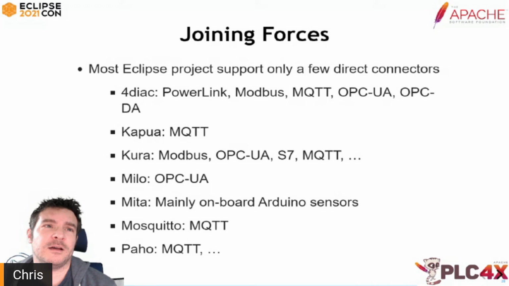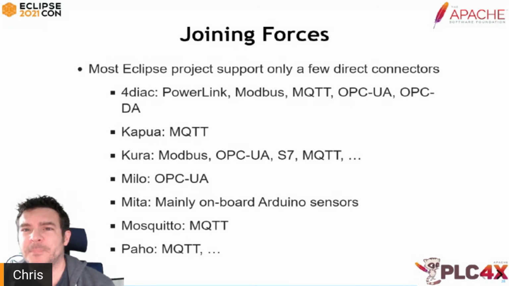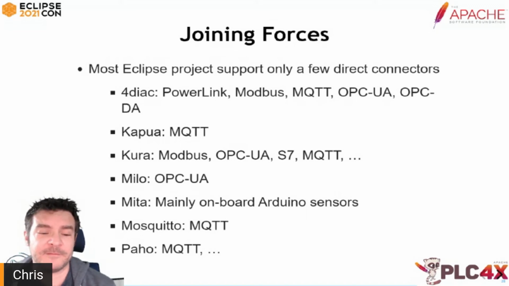Kura, I've seen Modbus, OPC-UA, S7, and MQTT. But what I've seen is that S7 usually wraps Moka7, and that has the same license as Snap7, and that's a GPL licensed library. So I think I wouldn't even count that. Milo, well, obviously that supports OPC-UA.